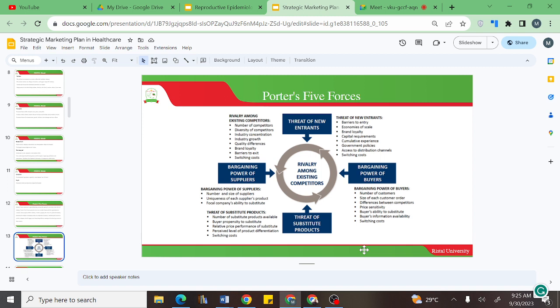These are the 5 forces that can determine whether you can really enter into that industry or not. So whether you want to open up a hospital or not, these are the things that you need to look at. So we're going to look at each of these elements and be able to expound on them.